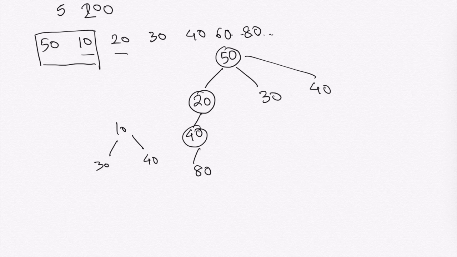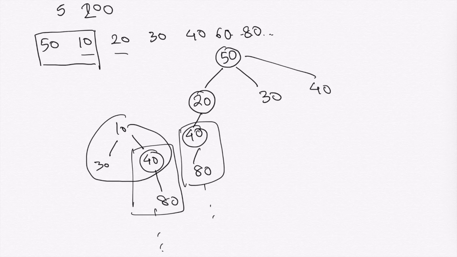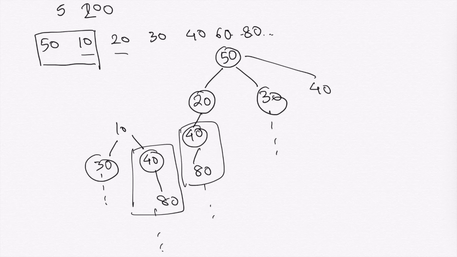And if you look at this graph, there's a 40 node here, after which the graph would actually repeat, right? So this whole subtree would be similar to this subtree. In similar ways, the subtree that starts at 30 would be similar to the subtree that starts here. And in similar ways, we also see a 40 node here, right?